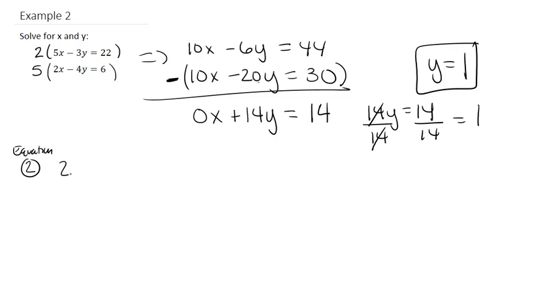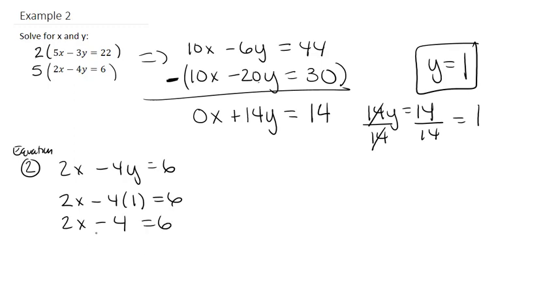We have 2x minus 4y is equal to 6. Now we have 2x minus 4, we're going to plug in 1 for y, and then we have equals 6.